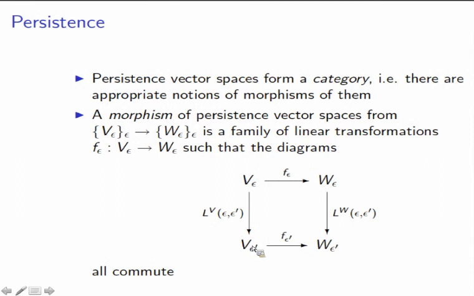So however it is, we can still talk about this morphism of persistence of vector spaces and still do this nice algebra where as long as things embed inside, then our analysis is robust.